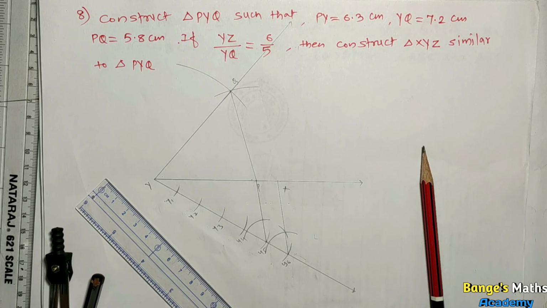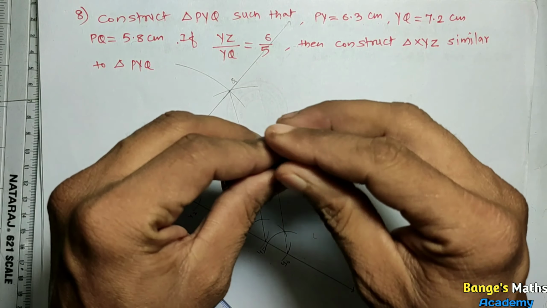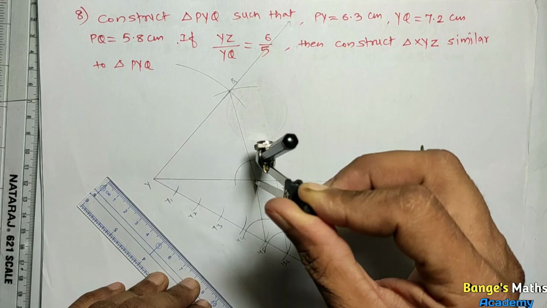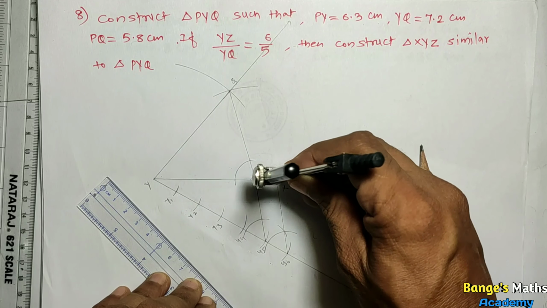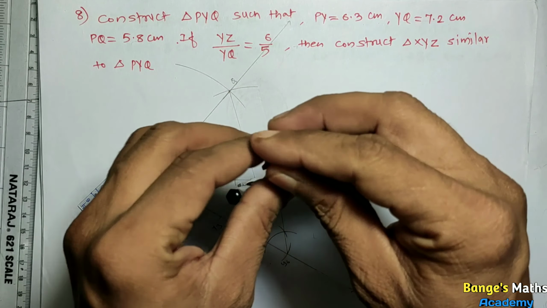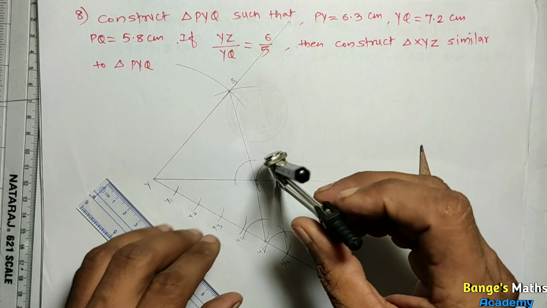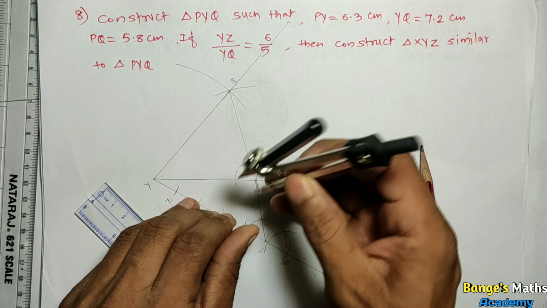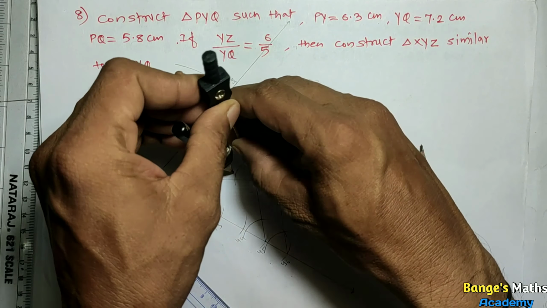Then construct an angle at point X equal to angle YPQ. Then take suitable distance in your compass. Draw an arc intersecting side YP and side PQ. Put compass on X and draw arc to the upper side like this. Then measure this distance with the help of compass.